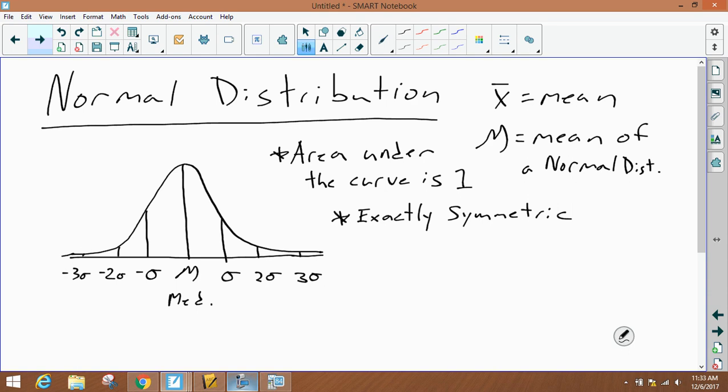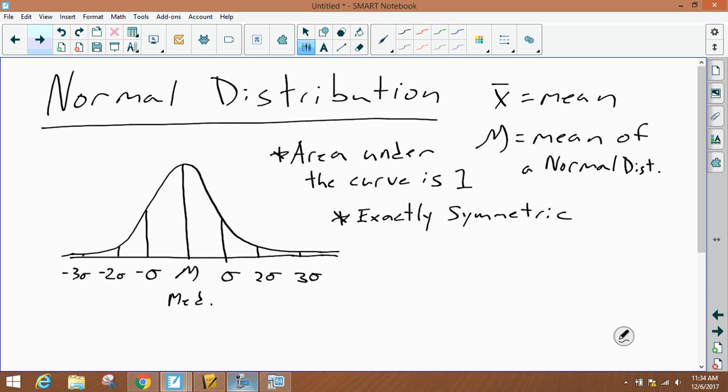Over here, these tails go on and on and on forever, and they never ever touch this axis. There's actually a function that represents this, like you could graph it in your graphing calculator, but it's very weird. I'm not going to deal with it. But anyways, just realize it's a function.